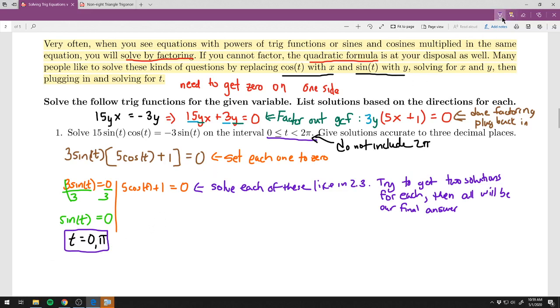Now we solve the other one. We know what to do with this. We got to get the cosine of t by itself. So we got 5 cosine of t equals -1. Then we divide each side by 5, and we have cosine of t equals -1/5.